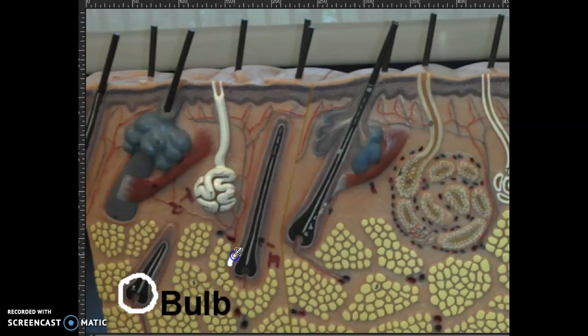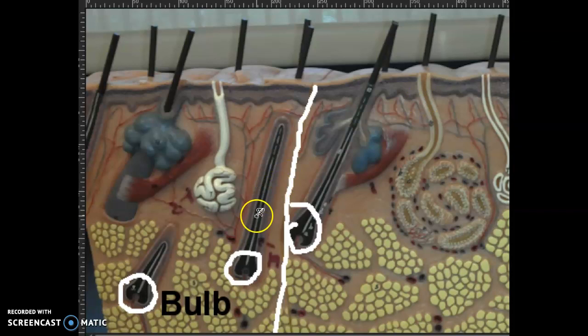So this would be the bulb here. And even though this is across our demarcation line right there, that is the bulb of the hair that's in the armpit.